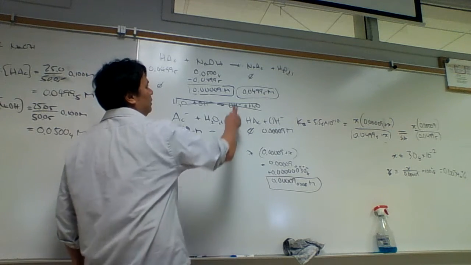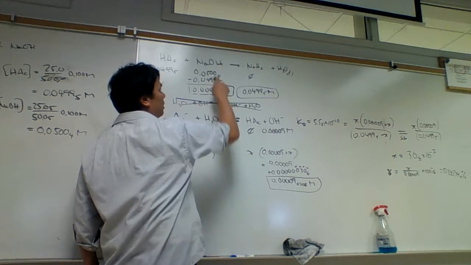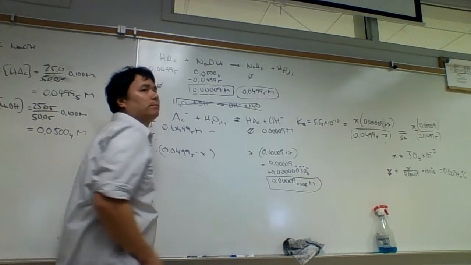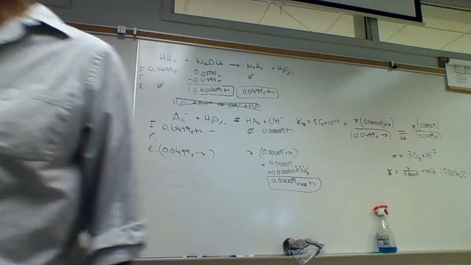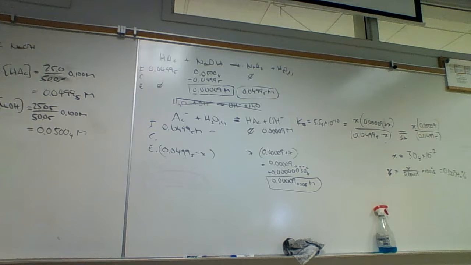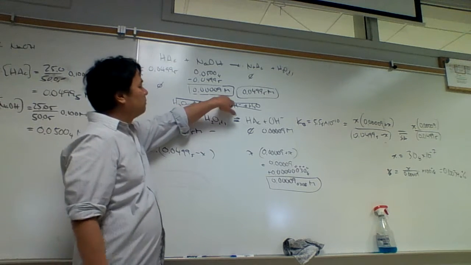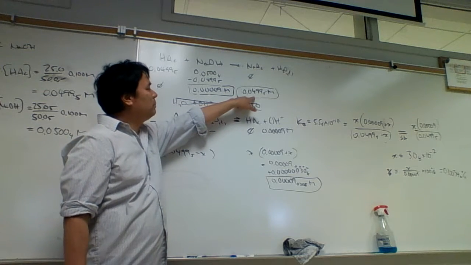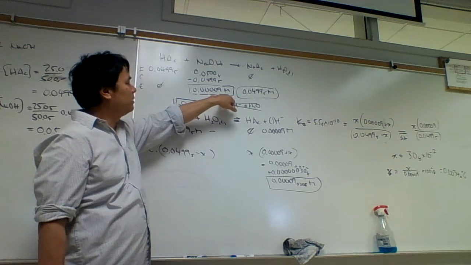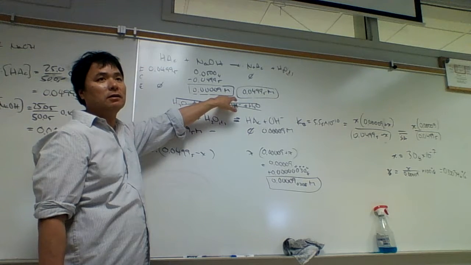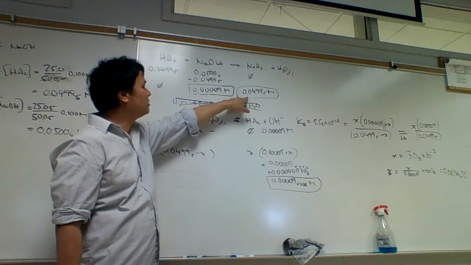Here, if you look, your book calls this a strong base, weak base mixture. In a strong base, weak base mixture, your book says the pH is going to be dictated by the strong base. The weak base, because of the common ion effect, is insignificant, is negligible. And so this is very interesting because, take a look, the weak base is much more concentrated than the strong base, many orders of magnitude more concentrated.